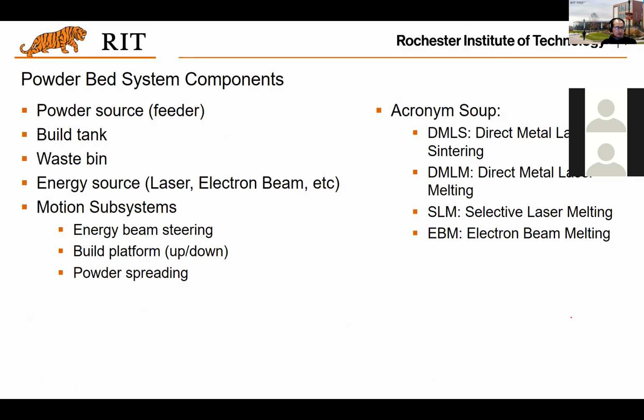So there are some different processes you should look at. Direct metal laser sintering, direct metal laser melting, selective laser melting, and also electron beam melting. And these are some of the main processes, as well as some of the acronyms.